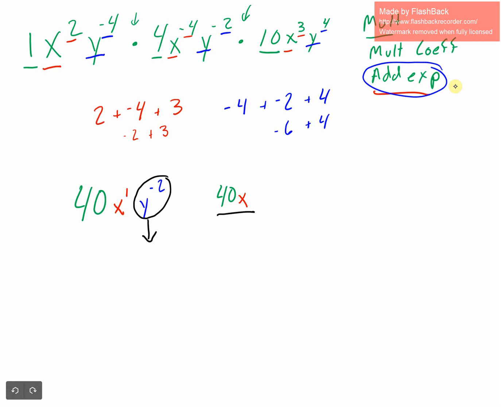And then once I move my y, it is now a positive. So once you move it, that negative disappears. Think of it like an elevator button: if I'm going from floor 1 to floor 2, or from floor 2 to floor 1, once I reach that level, that button that's being pressed is no longer pressed anymore. And this will be our final answer.